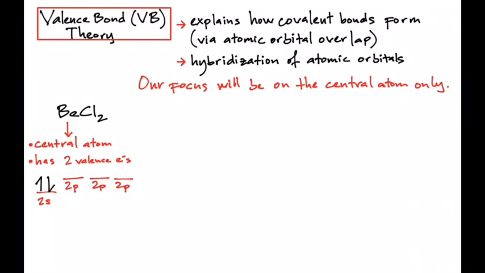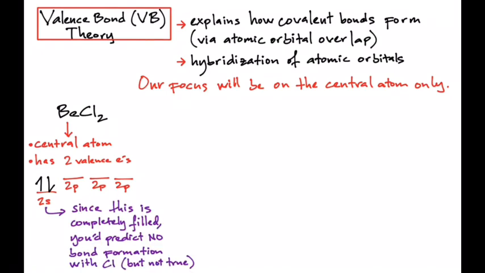You would expect that beryllium is incapable of forming a bond with any atoms because both electrons are paired. So how does valence bond theory explain the ability of beryllium to form bonds with other atoms?